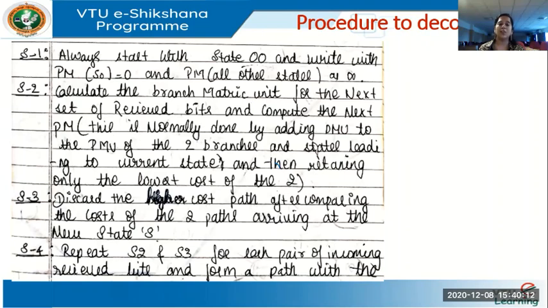This is normally done by adding the branch metric unit to the path metric unit of the two branches, and then the states will start considering, leading to the current states. Okay.